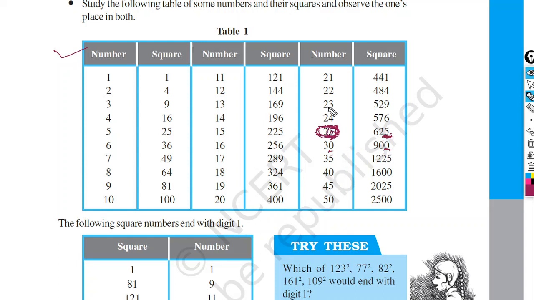Again suppose 3 square, we are only considering the unit place, remember it. So 3 square is 9, 2 square is 4, 1 square is 1. Another number, you see 8 square is 64, unit place is 4. 9 square is 81, unit place is 1. Okay, so this is the peculiarity in a square number.